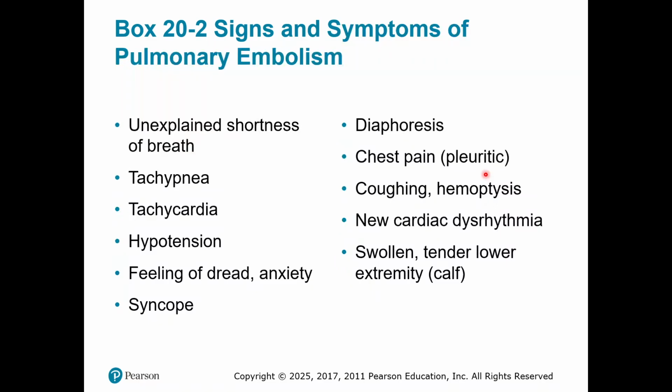Sometimes they'll have chest pain where they take a breath or they move. That's pleuritic chest pain. Coughing, hemoptysis, and we know what that is. That's that coughing up of blood. Maybe a cardiac dysrhythmia. And sometimes with a clot, they'll have that swollen, tender lower calf. It may have been a few days ago when they had it too. It may not be sore anymore. Why? Because that clot's moved.